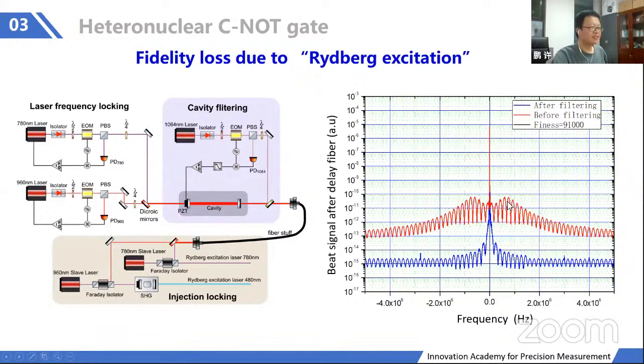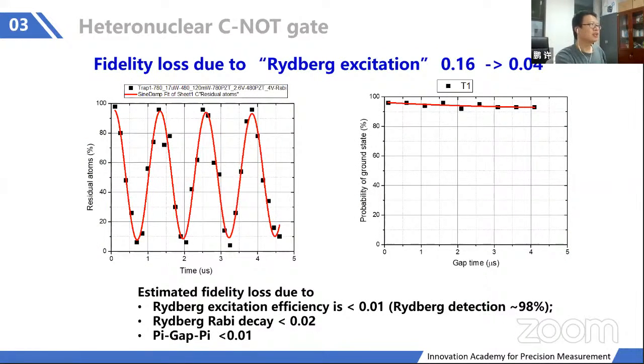And here we can see we really have a better result, 3 orders better than before for the laser phase noise. And here is our result. We can see at this time we have a better readout of the Rydberg excitation. And when we do the gap pi excitation, there's almost no loss here.